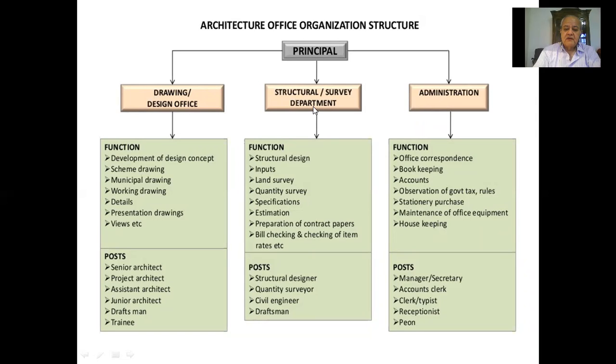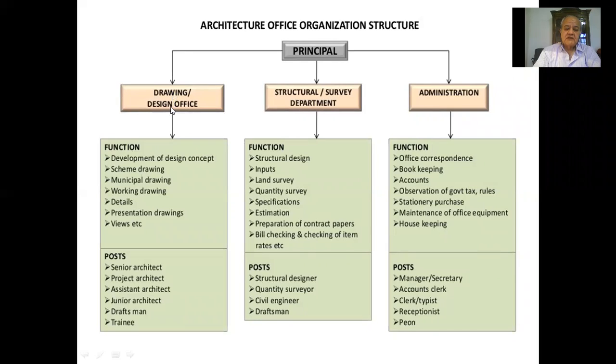You also have the subspecialties that are working with you, structural design, land surveyors, quantity surveyors. So all these are people from different other disciplines who work for you. You can also have your design team.